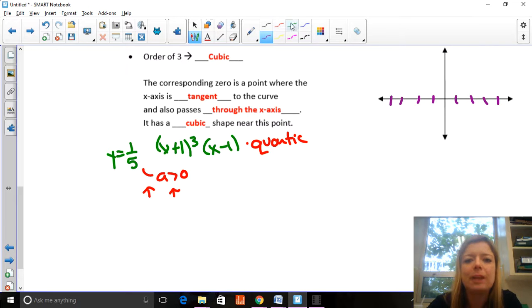Our zeros are going to be at -1 and +1, and we're going to start from up here and end going up here. But what happens in between?